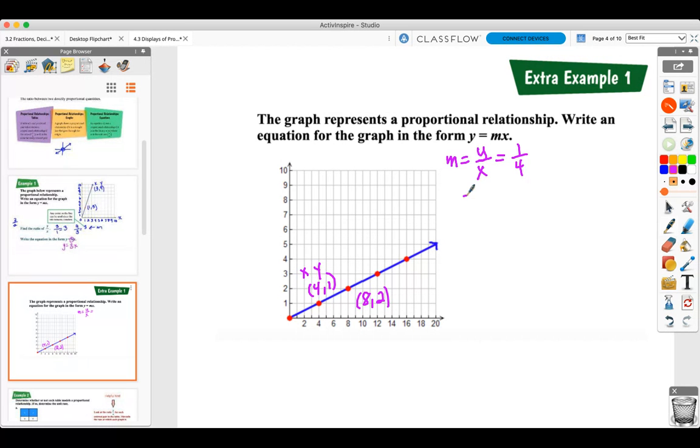So that second one is 2 over 8, and let's simplify this. 2 goes into the numerator and the denominator, and that gives you 1 over 4. So they are the same, just to make sure that you're checking your math. And now you're just going to plug it back into y equals mx, and m is this value that we found here. So it's going to be y equals 1/4 x, and that's your answer.